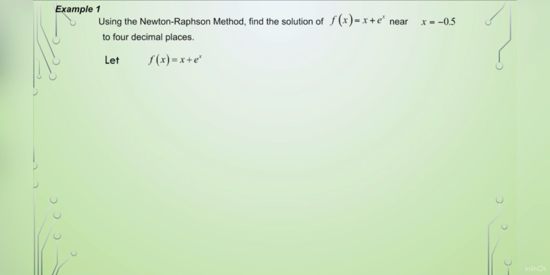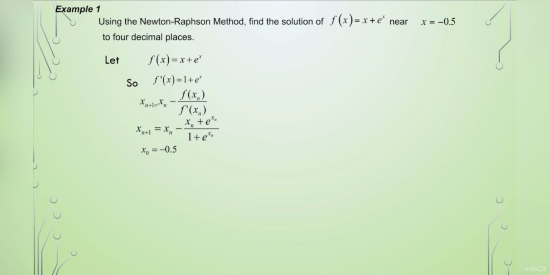So let f(x) = x + e^x, and we differentiate: f'(x) = 1 + e^x. And we have a general formula for the Newton-Raphson method, that is x(n+1) = xn - f(xn)/f'(xn). We input into the general formula here.